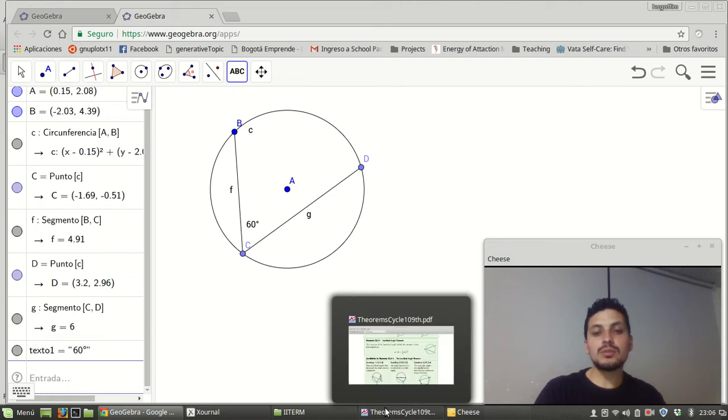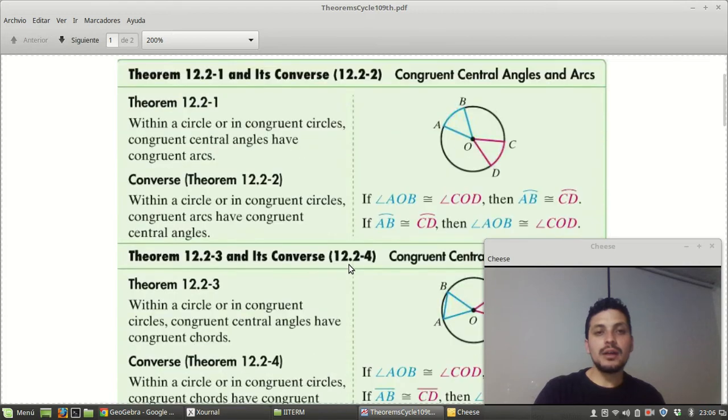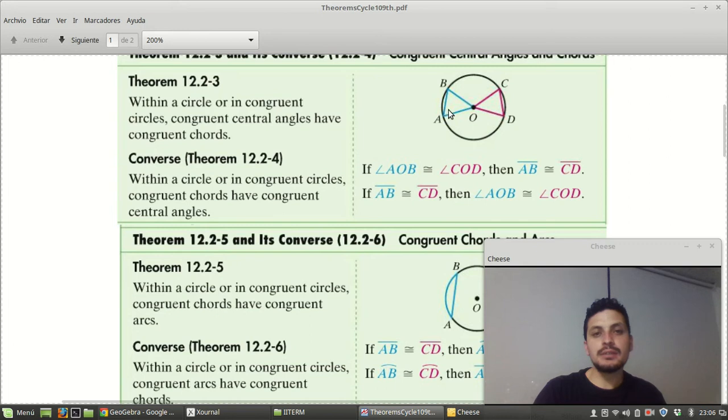Now I just wanted to see the theorems. So I have here theorems about circles and arcs. We have here one about congruent central angles and arcs. So I don't have inscribed angles, I don't need it. Here I have a relation between central angles and congruent chords.